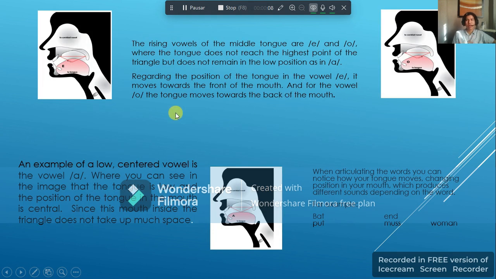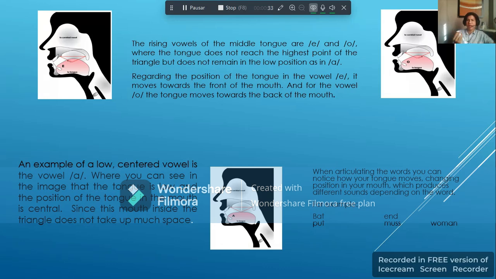And we have other examples, because the mid vowels on the middle tongue are E and O. An example of a low central vowel is the vowel A, and when articulating the words, if you hear me, you can notice how my tongue moves, changing the position in my mouth, which produces different sounds depending on the word I say.